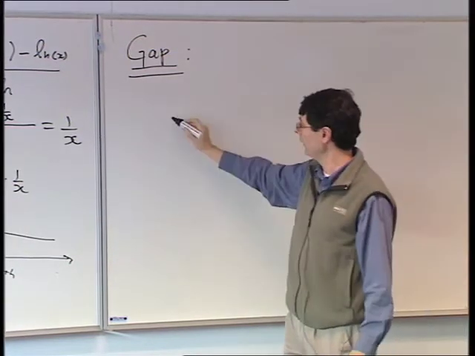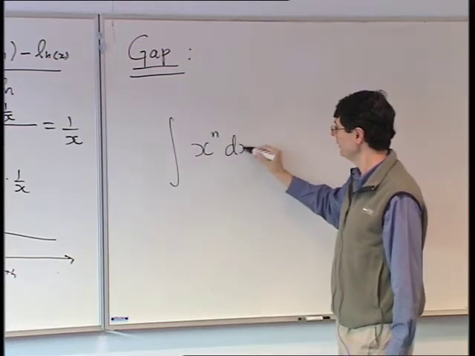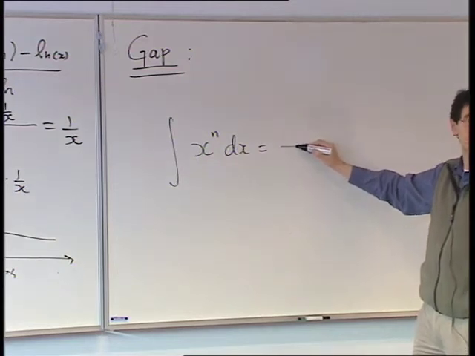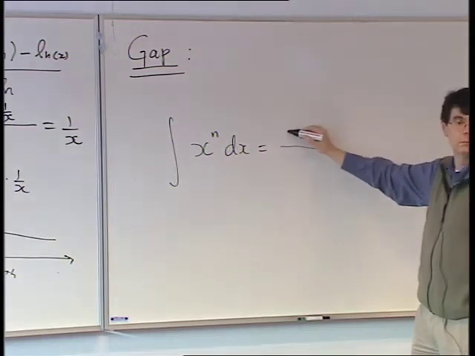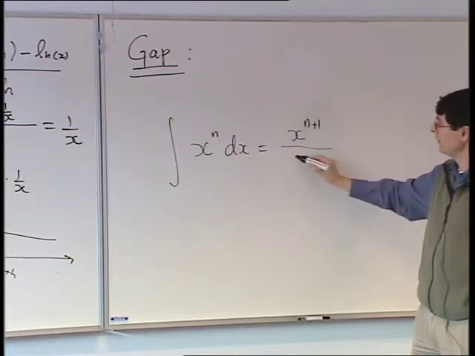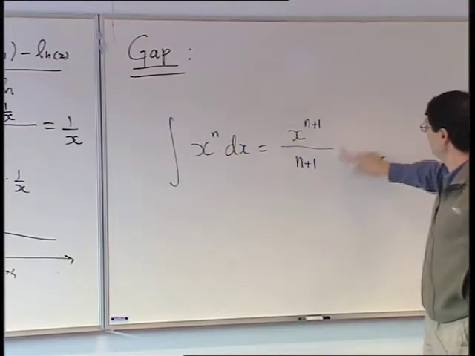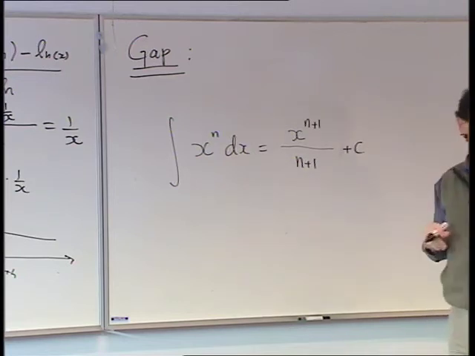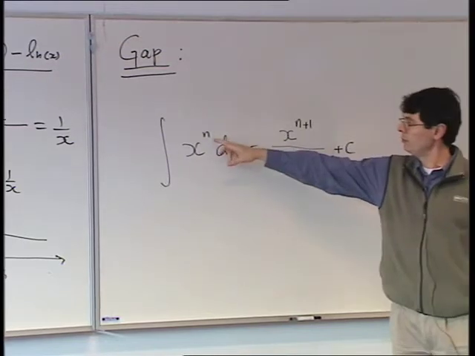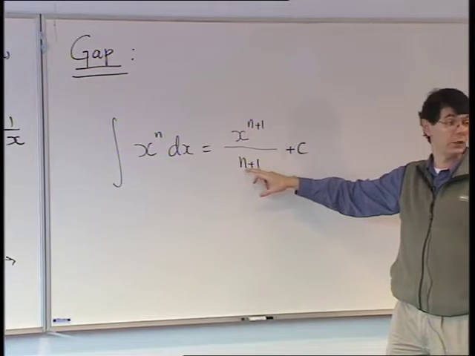The power rule for integrals says that if you integrate x to the power n dx, what do you get? x to the n plus 1 divided by n plus 1, plus constant. And that rule was valid for any values that you put in the exponent, except -1, because you can't divide by 0.